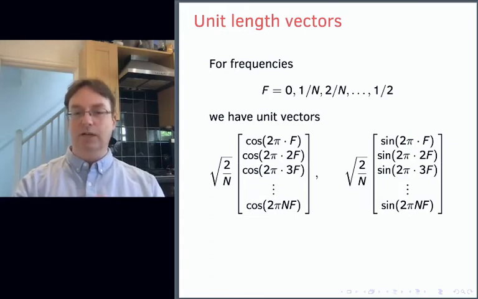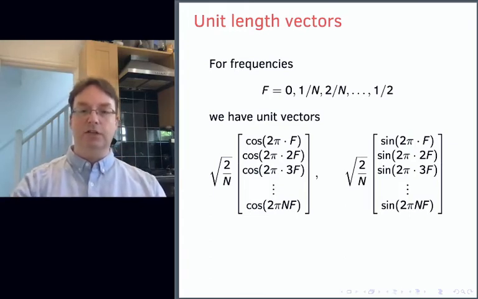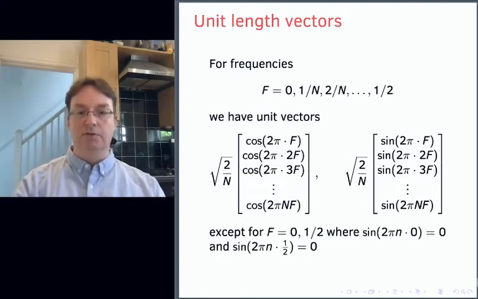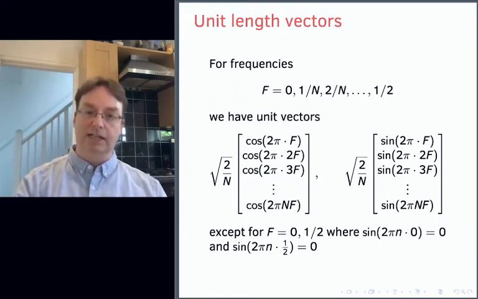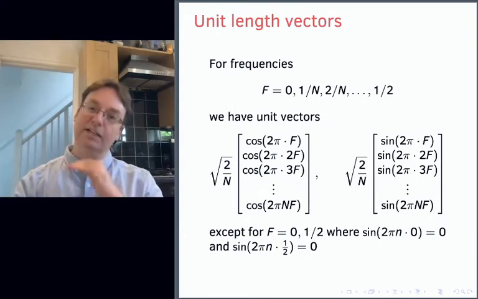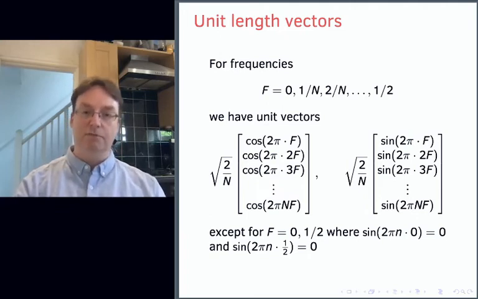That's actually more than we need because we've only got n coordinates. But it turns out exactly 2 of those vectors we've written down are 0. If I take the frequency f to be 0, and I put that into the sine, I'm just evaluating sine of 0 repeatedly. That's 0. On the other hand, if I take the frequency f to be a half, it's fine in the cosine one, but in the sine one, again, I'm going to get 0.